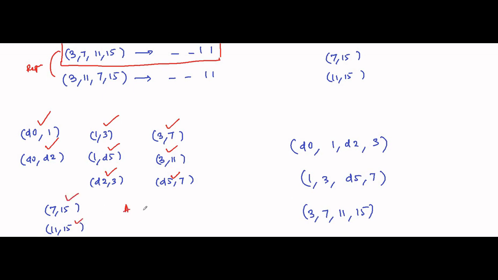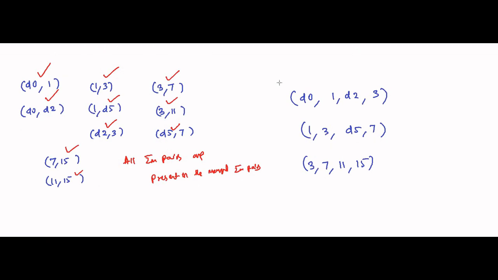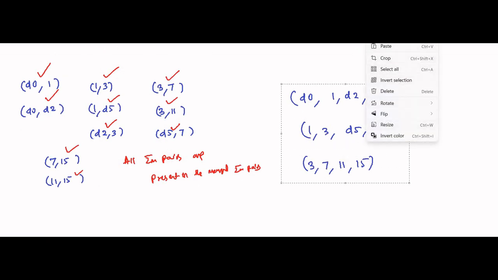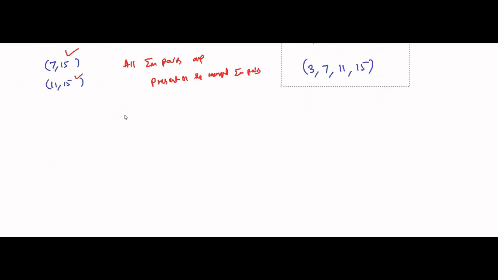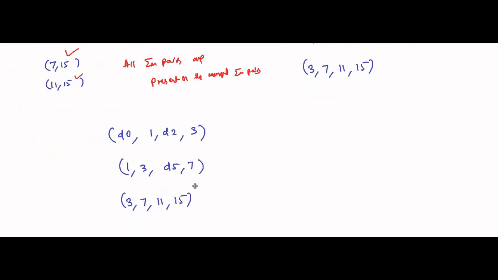So all minterm pairs are present in the merged minterm pairs. So these are the final shortlisted candidates for the essential prime implicants to be present in the final minimized Boolean expression.